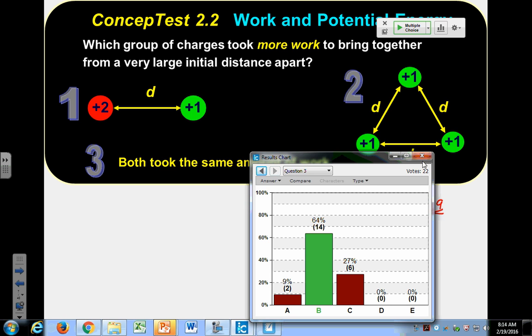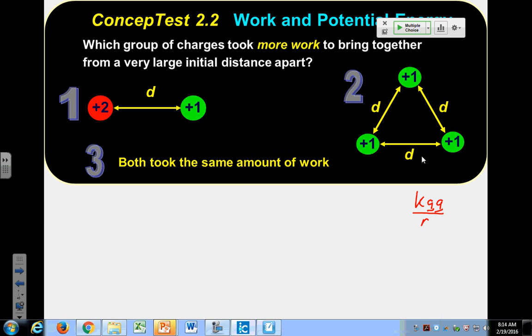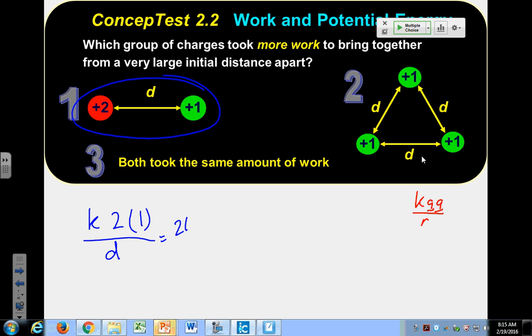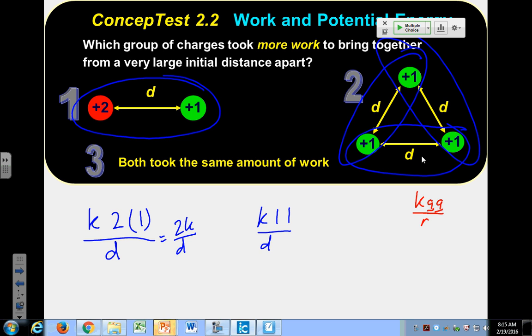Okay, good. B is right. It seems like they should have the same energy, but it's not. Let's just take a look. If I consider these charges, it's going to be K times 2 times 1 over D, so 2K over D is the potential energy. But over here, I have this configuration, which is K times 1 times 1 over D. This configuration is the same, and then this configuration is also the same.